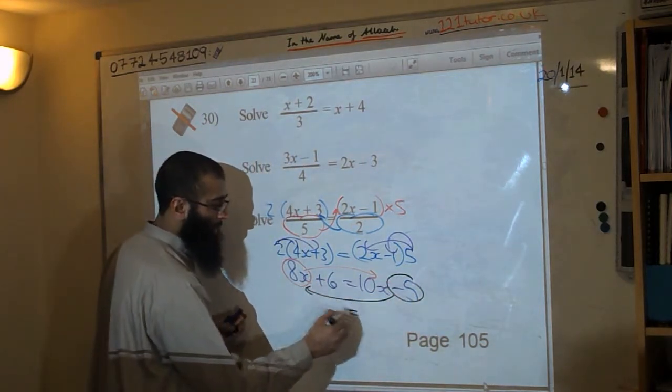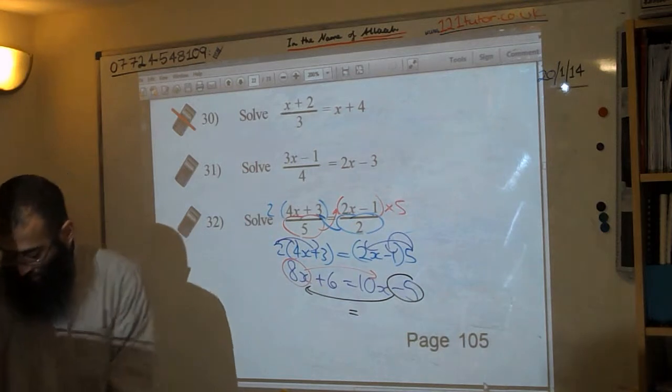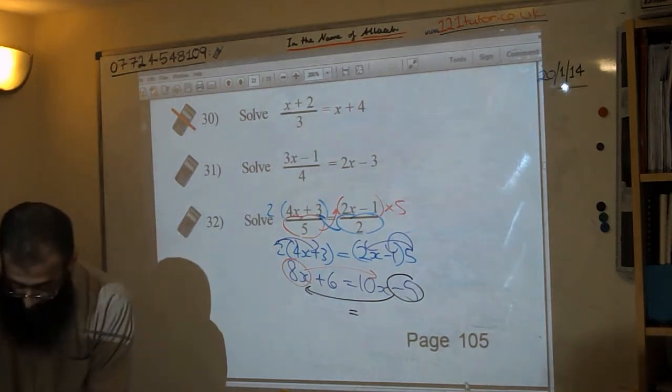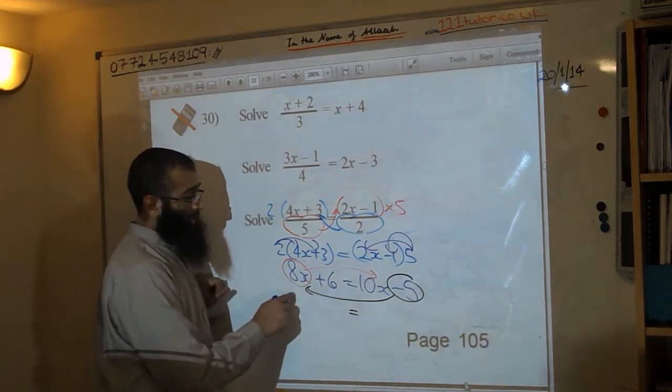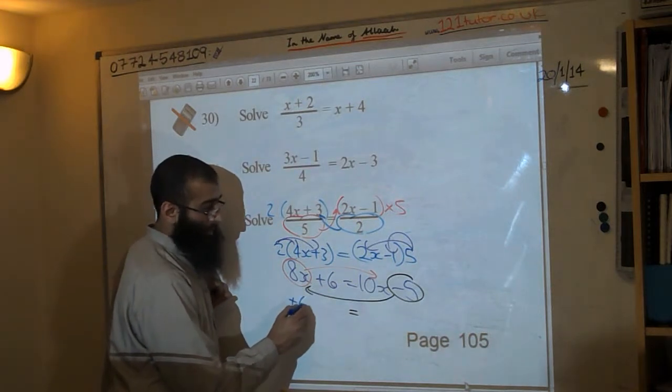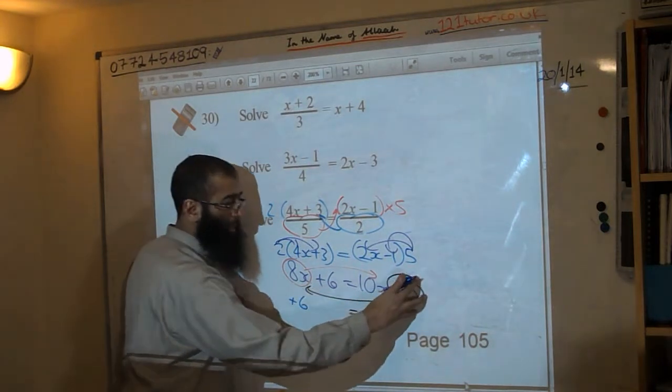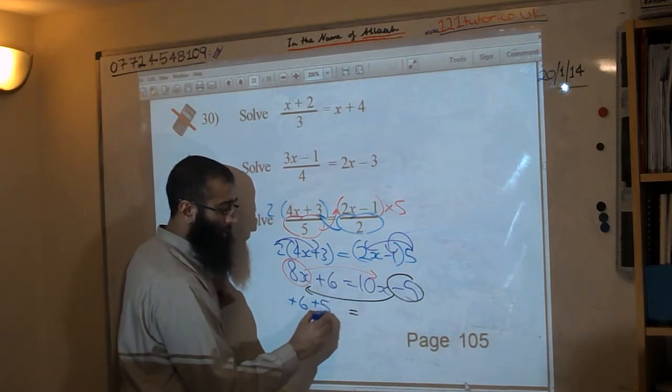So let's rewrite what we've got now. On this side we have plus 6, and the minus 5 joins it; the opposite of minus 5 becomes plus 5.